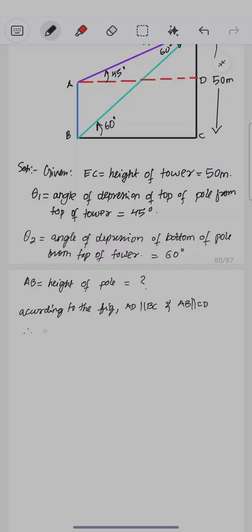Therefore, ABCD is a rectangle, so every vertex is 90 degree. In a rectangle, AB will be equal to CD, and AD will be equal to BC.